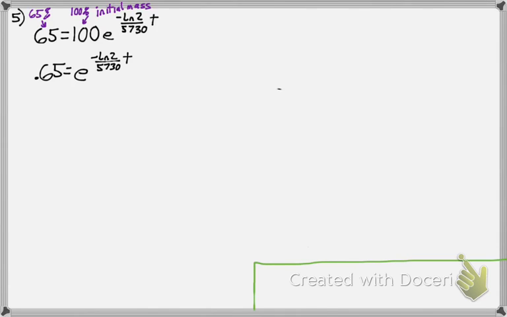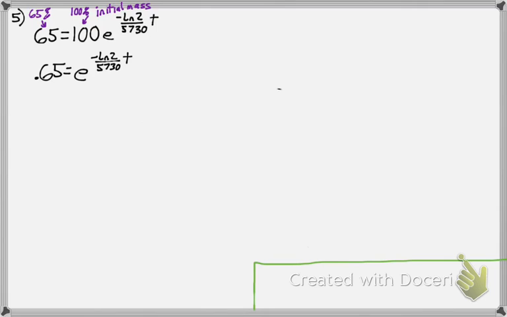If you think about percents as decimals, the 0.65, we know that's 65%. And then there's an implied 1 in front of the e, and that's an implied 100%. So 1 as a decimal, but as a percent it would be 100%. So if you wanted to start out here, you could. I like to usually show the 65 and the 100 though, just because I think it's a little bit clearer.